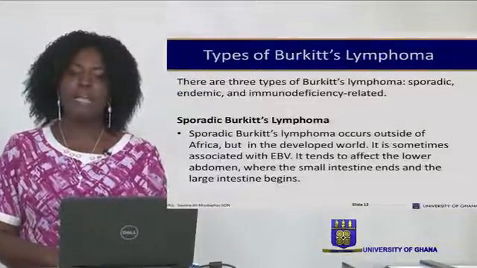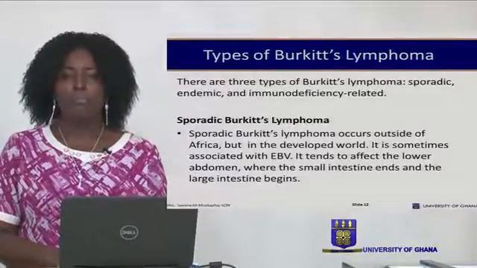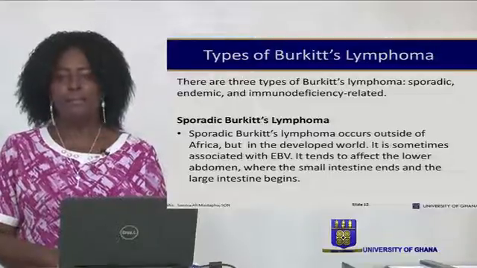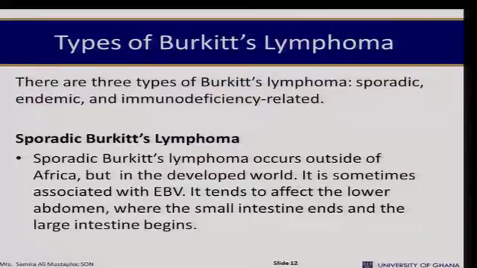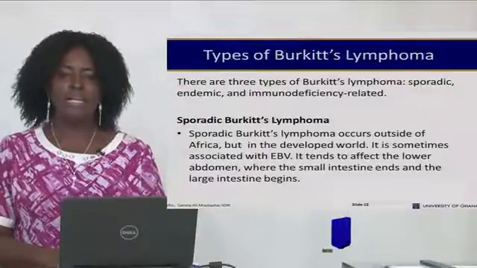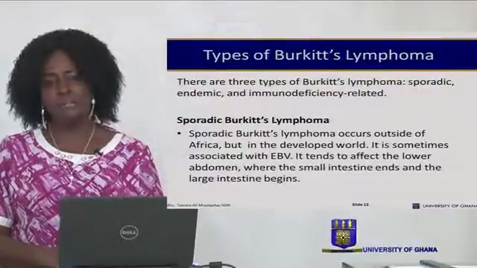There are three main types of Burkitt's lymphoma. We have the sporadic, occurring in areas outside Africa; the endemic, occurring in Africa and parts of the world where malaria is endemic; and then one occurring in patients with some immunodeficiency, so it is characterized as immunodeficiency related.